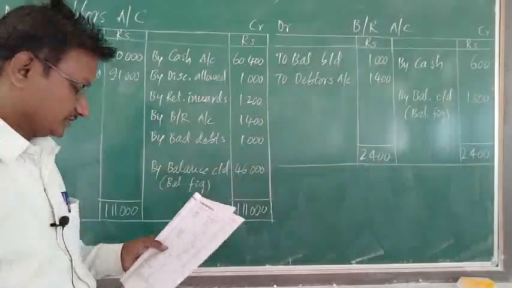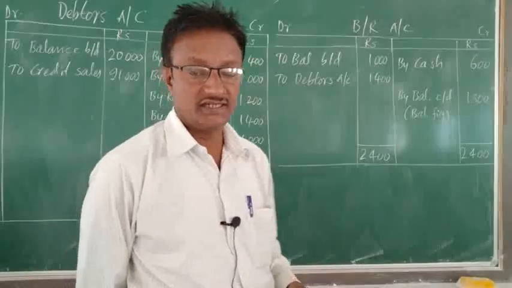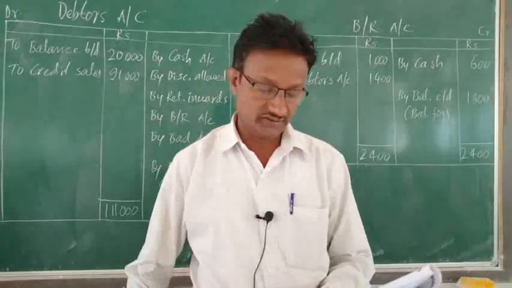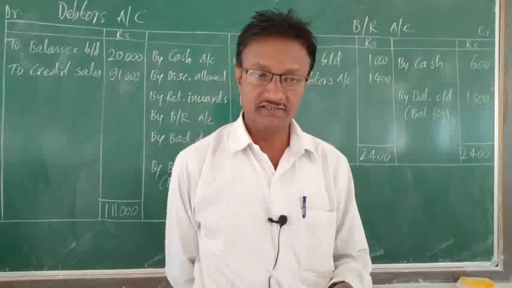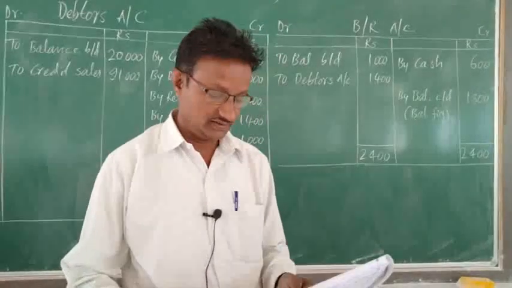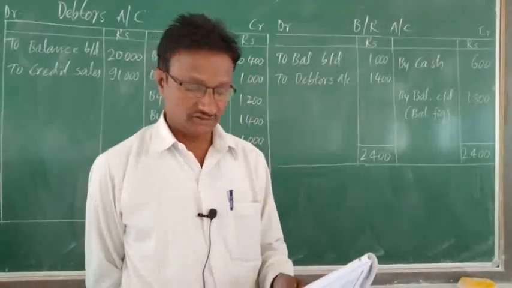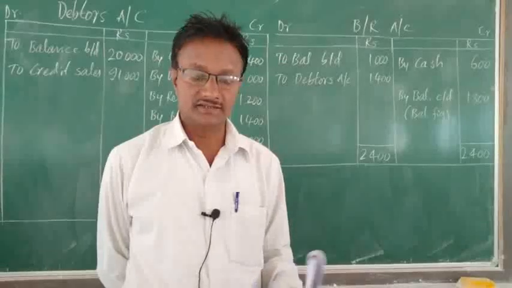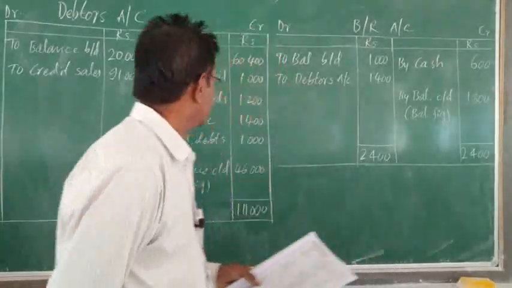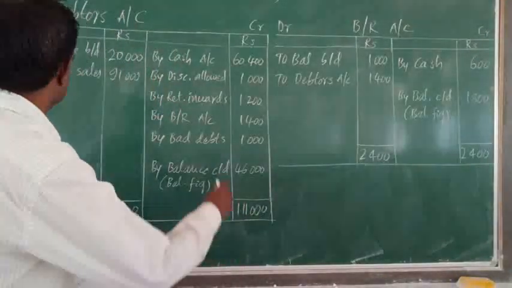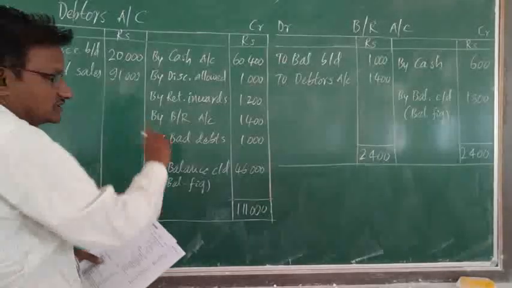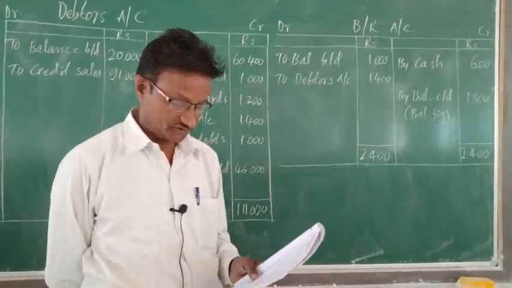Next, related to debtors and bills receivable, see the information given in the additional information. The first item is credit sales 91,000. So on the debit side of the debtors account we enter to credit sales 91,000.